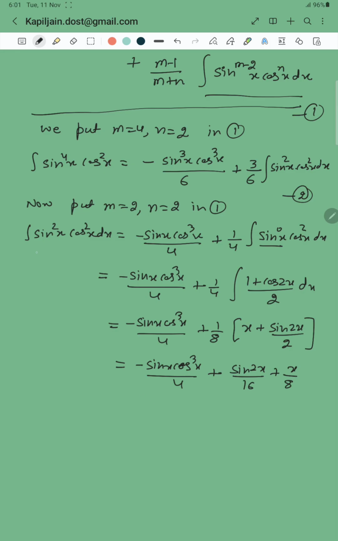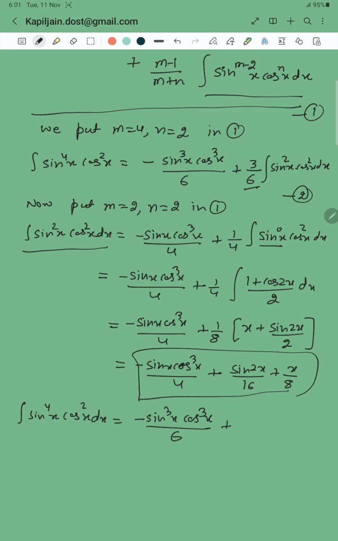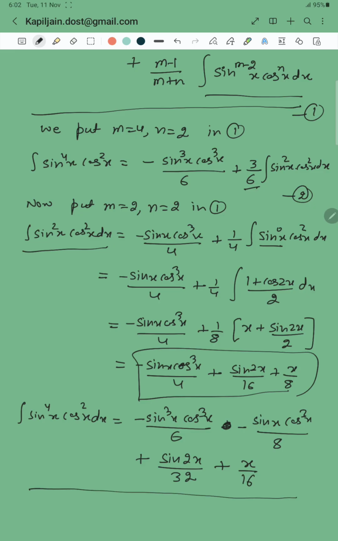Now putting this value of integral in 2, we get sine raised to power 4x into cos square x dx is equal to minus sine cube x cos cube x by 6 plus 1 by 2 multiplied by the integral sine square x into cos square x, which is equal to this, means minus sine x cos cube x by 8 plus sine 2x by 32 plus x by 16, which is the required final answer.